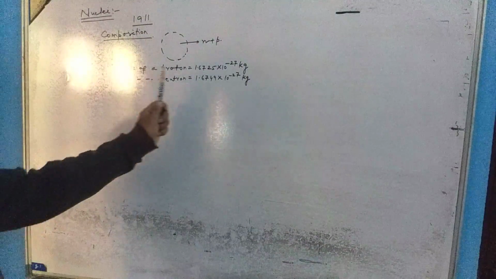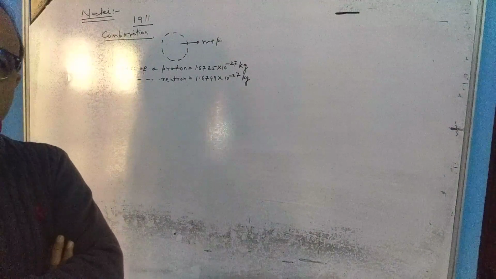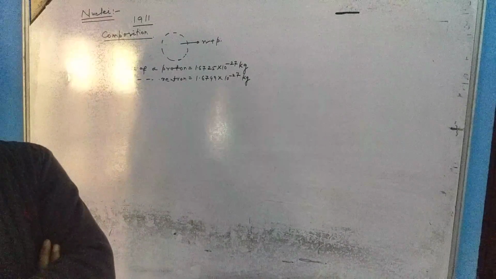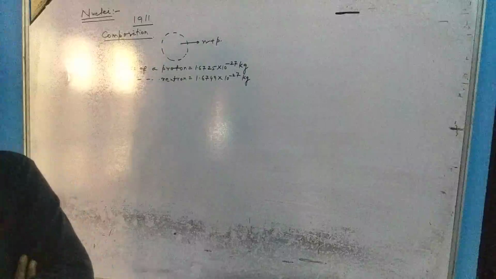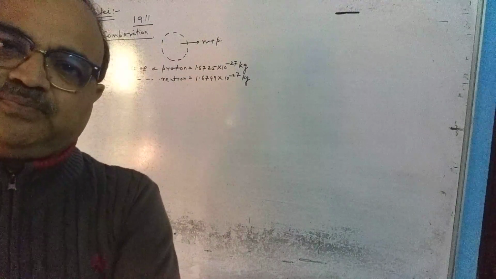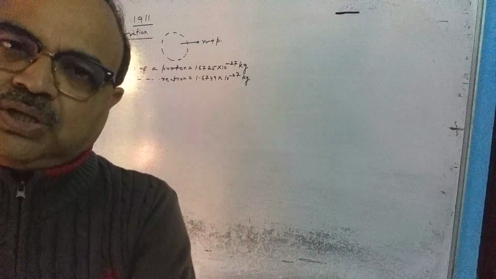You can very easily understand that neutrons and protons are almost identical particles according to their masses, right?